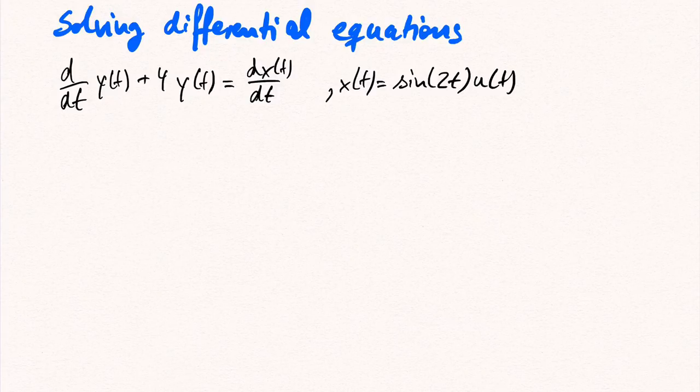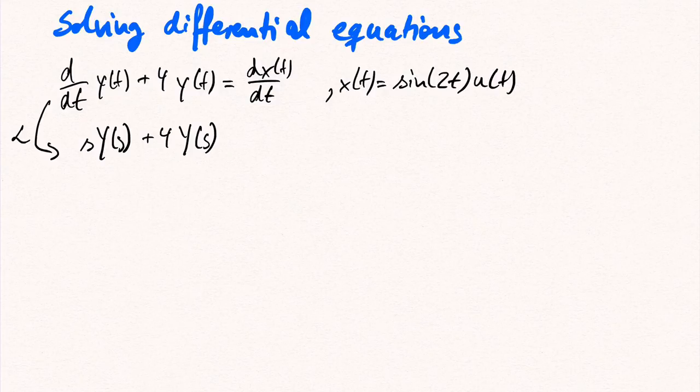As a first step, we will apply the Laplace transform to both sides of the equation. This gives us s times Y(s), because we have the first derivative of the output signal y(t), plus an initial condition term, which we will ignore here or simply set to 0, plus 4 times the Laplace transform of y.